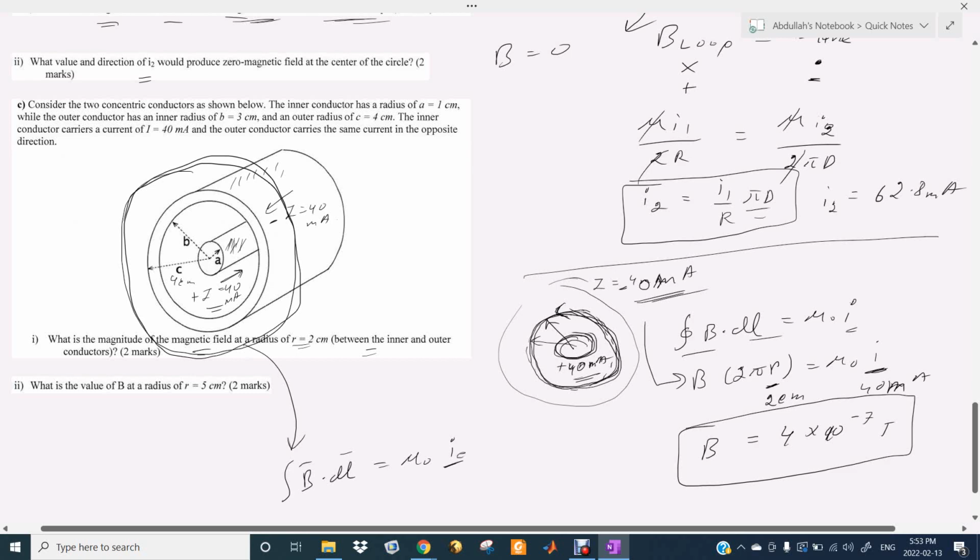In this case, this is 40 milliampere positive minus 40 milliampere, because you are enclosing both the currents, the internal and the external. So your enclosed current is basically 0 milliampere. Since this is 0, your net magnetic field is basically 0. You don't have to go calculate for that.